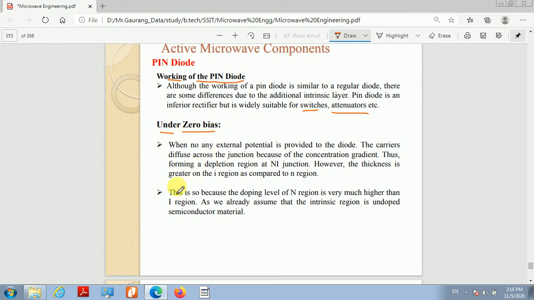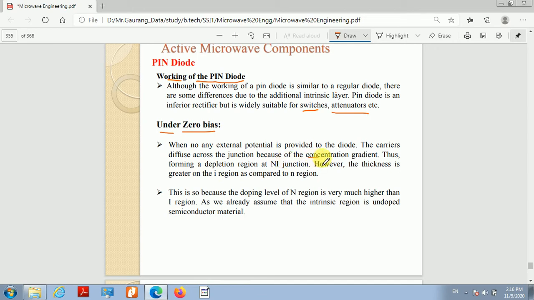So zero bias means no voltage or no external potential is provided to the diode. So if we give the zero bias to this PN junction diode, then carriers will diffuse across the junction because of the concentration gradient.